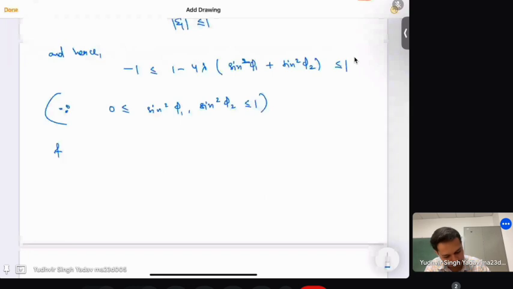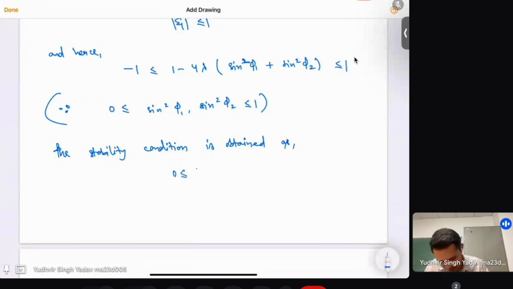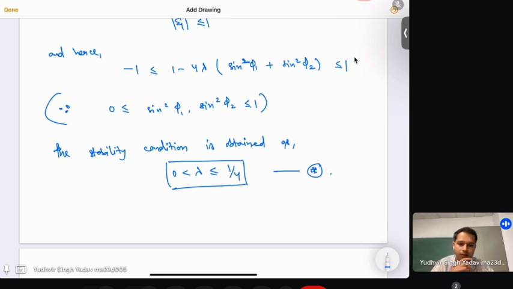So the stability condition for the explicit scheme, for the two-dimensional parabolic equation, is that lambda should be between 0 and 1 by 4. So this is the required condition for stability of the explicit scheme with respect to the two-dimensional heat equation.